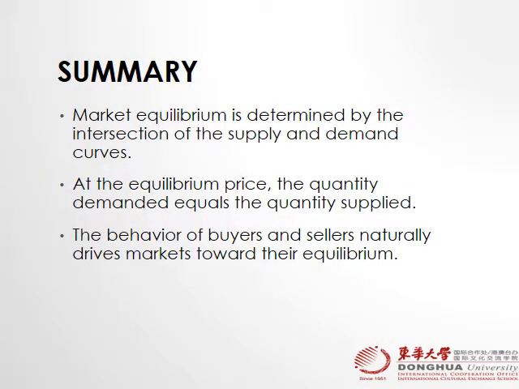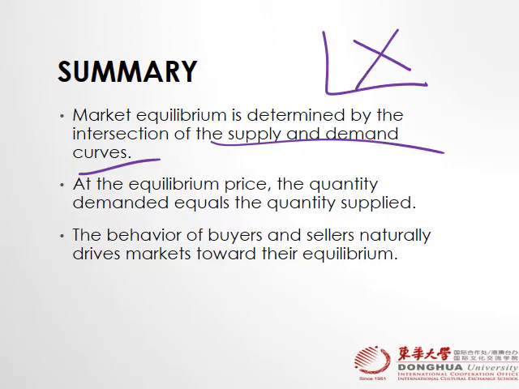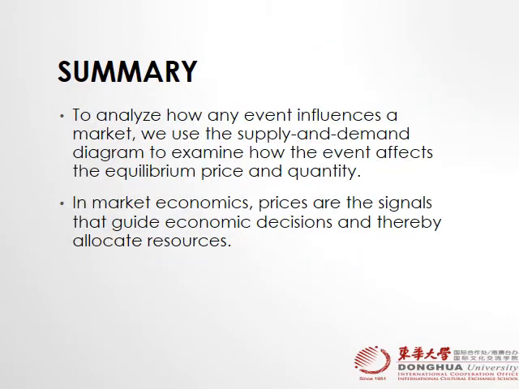So the summary is, the market equilibrium is determined by the interaction of supply and demand. We know that market equilibrium is the intersection of demand and supply. On that, this is the price and this is the quantity, and quantity supplied is equal to quantity demanded.